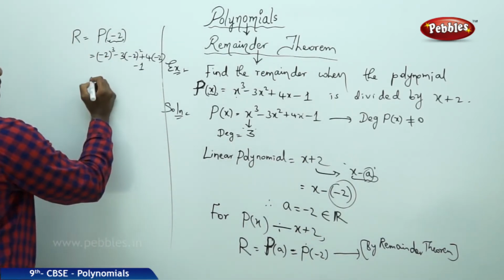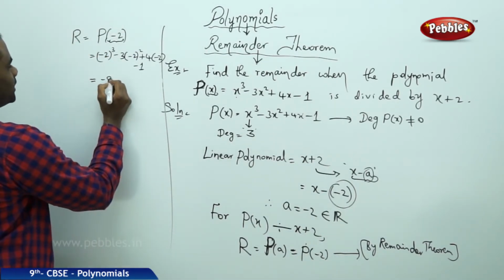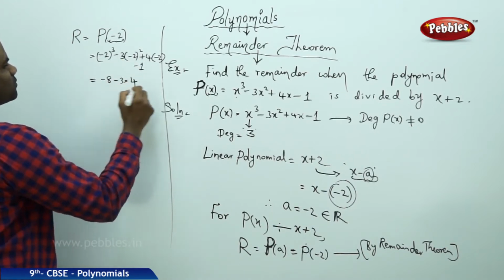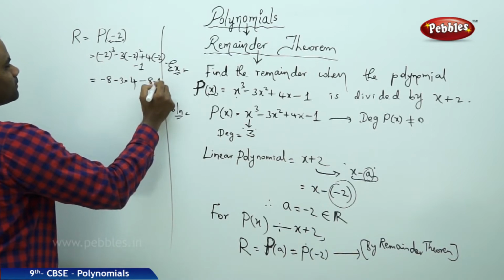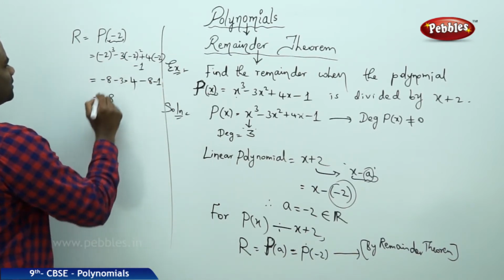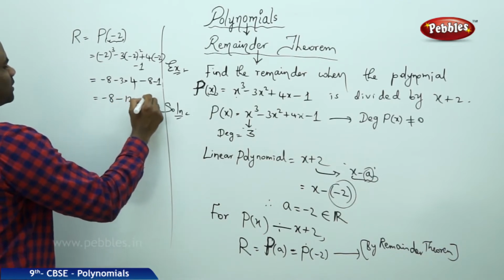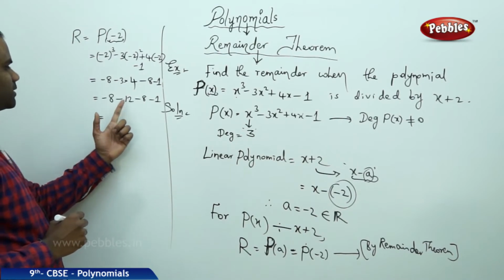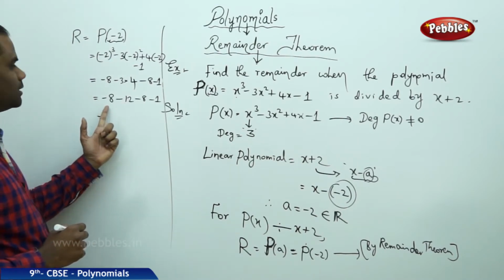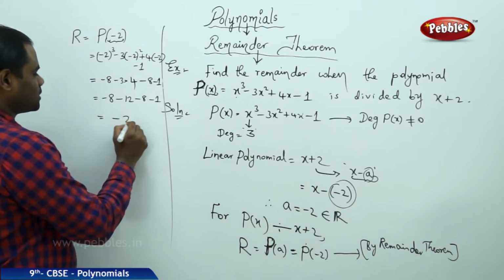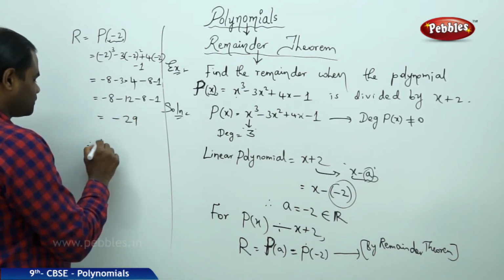When this is further simplified, I get minus 8 minus 3 times minus 2 whole square, which is 4, and minus 8 and minus 1. And this comes out further as minus 8 minus 12 minus 8 minus 1, which on simplification gives 8 plus 12 is 20, 20 plus 8 is 28, 29, which comes out to be negative 29.